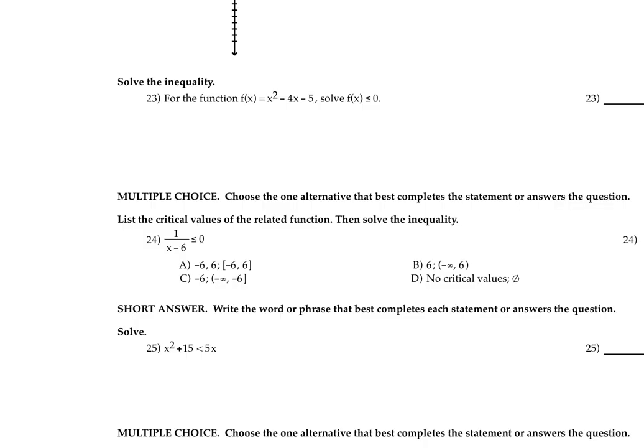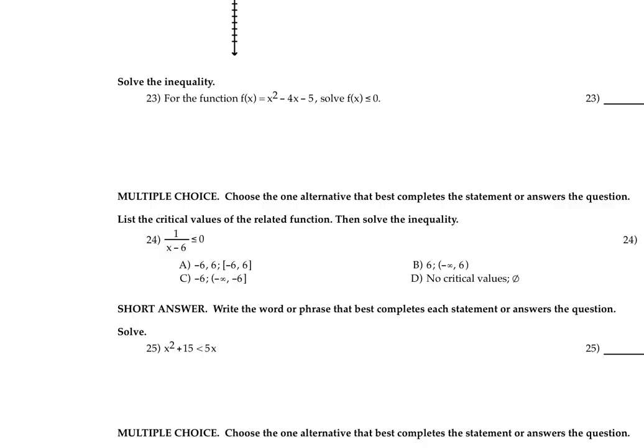If I look at the first question, identify the critical value of the function. This one has -6 and 6. Nope, we don't have two of them. This one has -6. No, this one has 6. So by process of elimination, because it's multiple choice, this is the only one that has the correct critical value. If you want to graph it, you can.